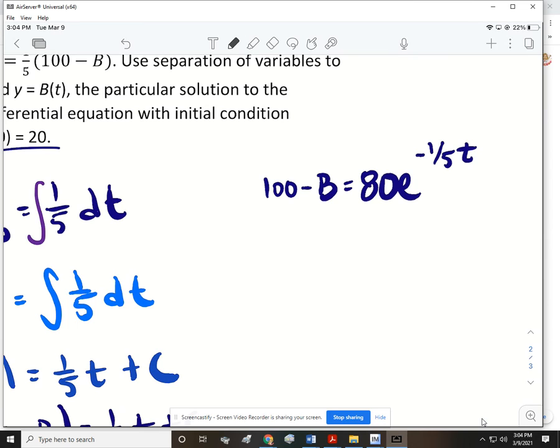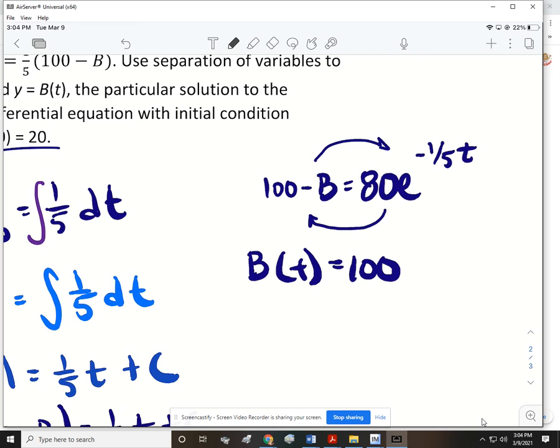And then to solve this for b, I am going to move b over to the right, and it's going to become positive. And I'll move the 80 e over to the left. So b of t should be equal to 100 minus 80 e to the negative 150. And that's your answer.